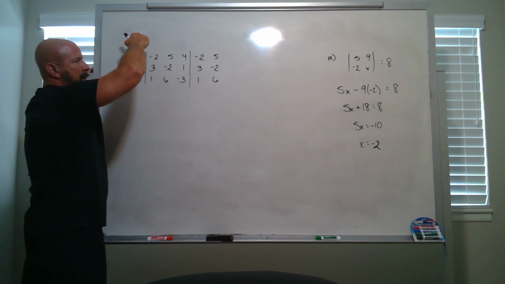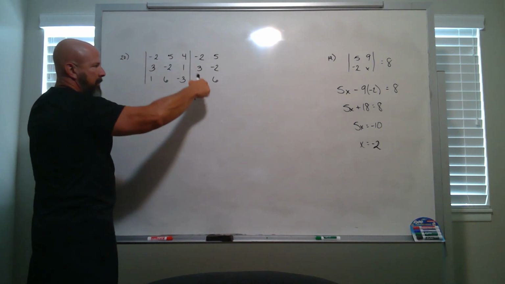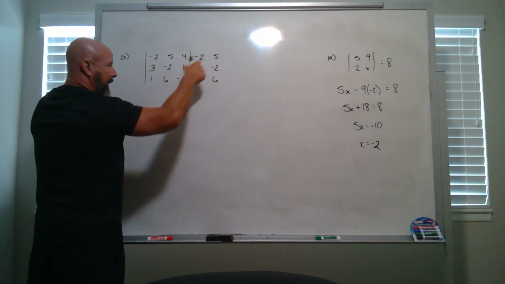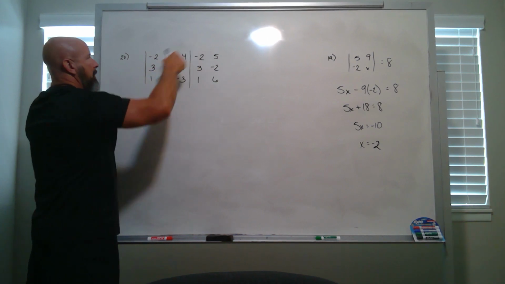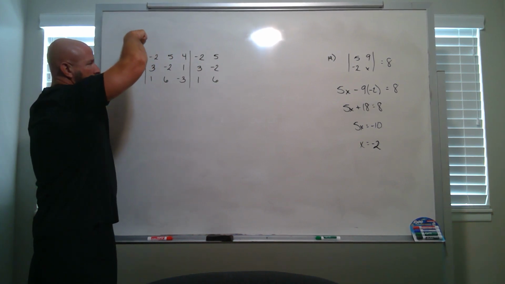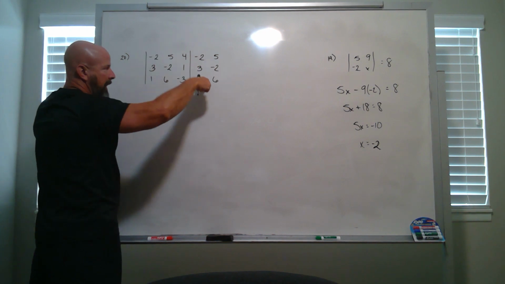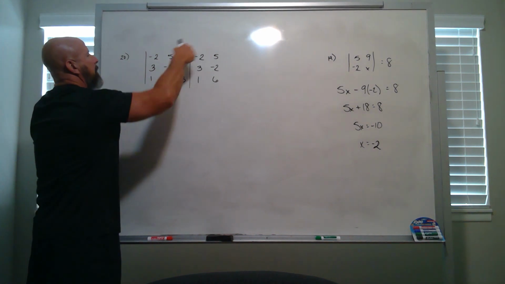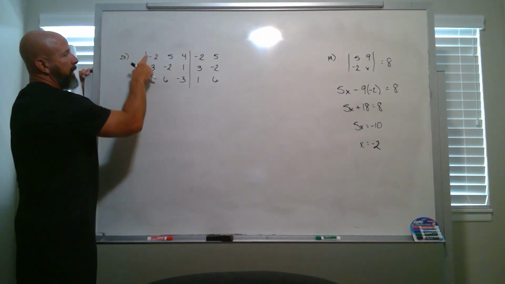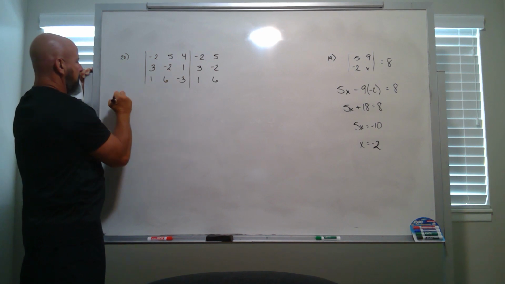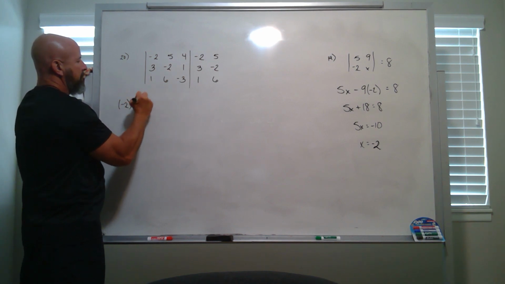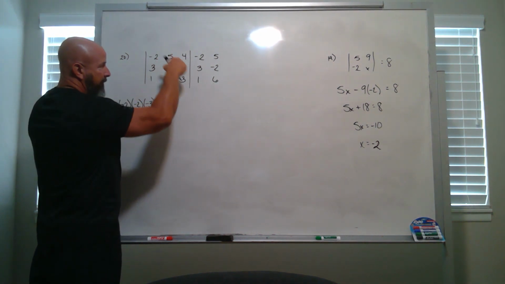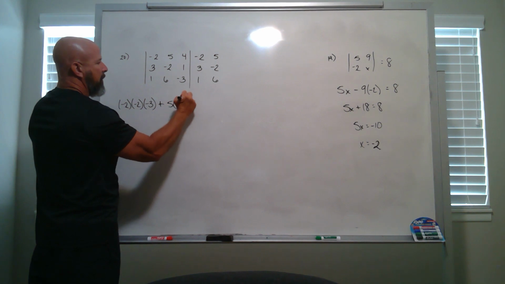And so we're going to go down, down, down, minus every one coming back. So I'm going to start at this -2. We're going to go plus, plus that value, plus that value, minus, minus, minus. So I'm going to have diagonally, starting at that -2, -2 times -2 times -3. Plus, now the 5 coming down, 5 times 1 times 1.